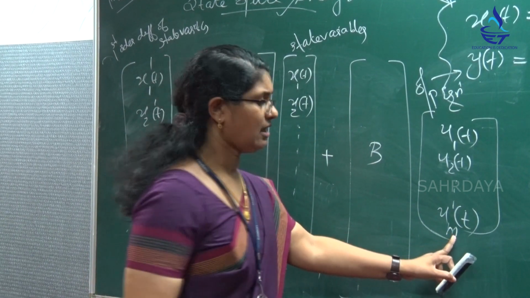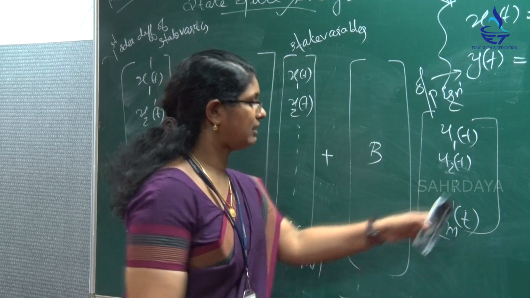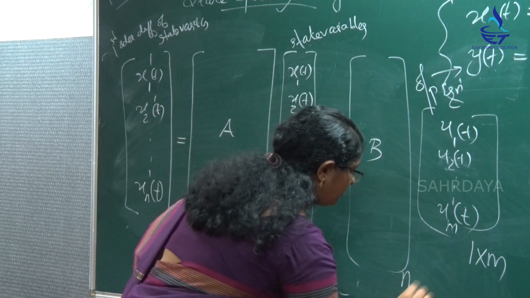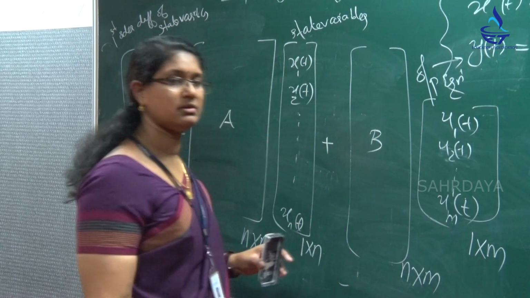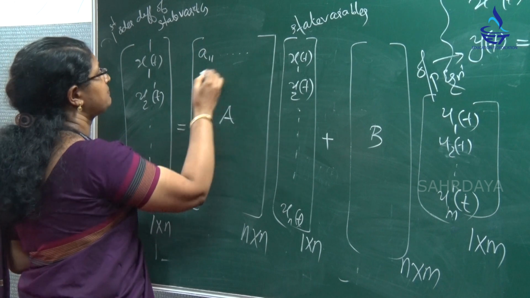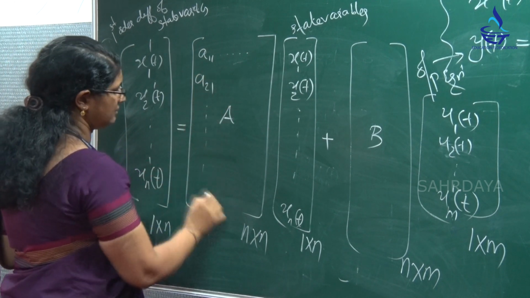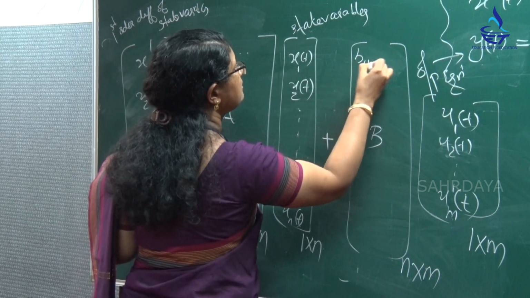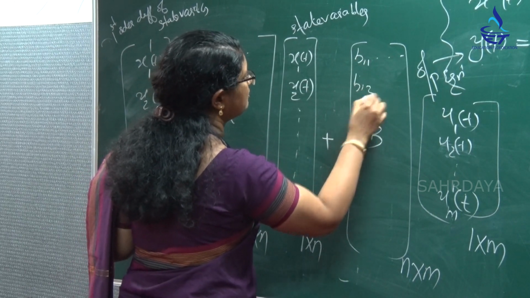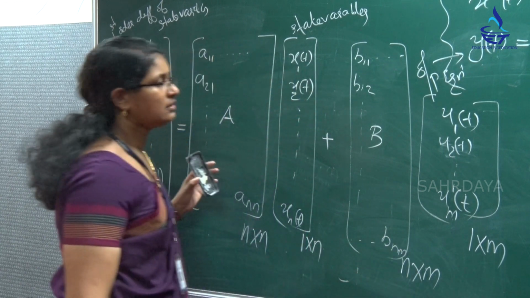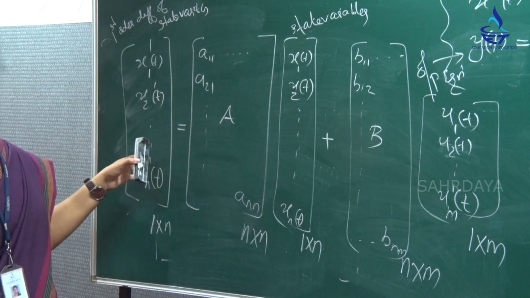If this is an m by 1 matrix, then obviously your matrix B should be an n by m matrix. So this matrix A can be A11, etc., A21, etc., finally ANN. Again B11, etc., B12, etc., finally BNM. So this is the state equation.